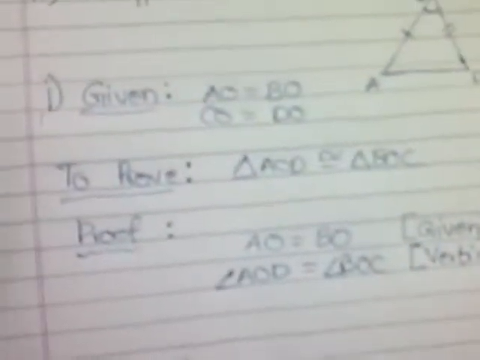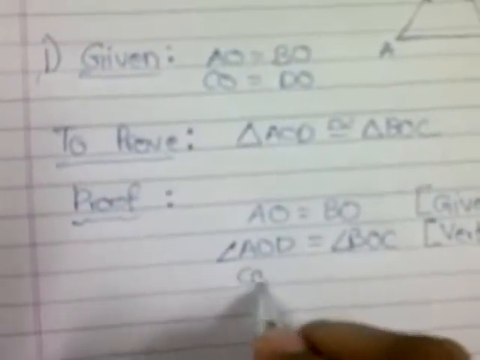So you should write the same reason: vertically opposite angles. And the next step, CO is equal to DO. Again the same reason, given. It is given in the question.